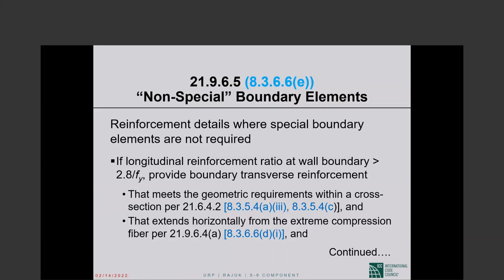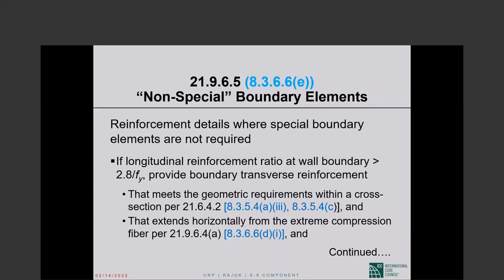So if the local reinforcement ratio exceeds 400 over f sub y, 2/3 of a percent for grade 60 reinforcement, then you shall provide non-special confinement.